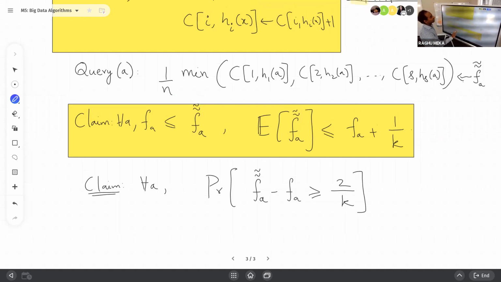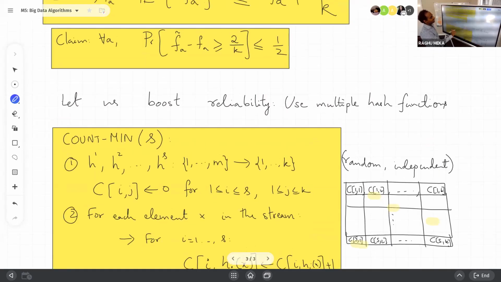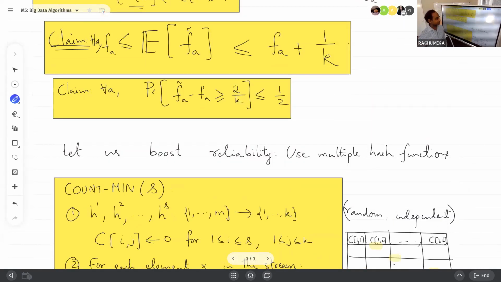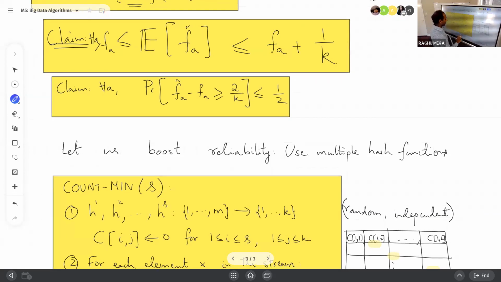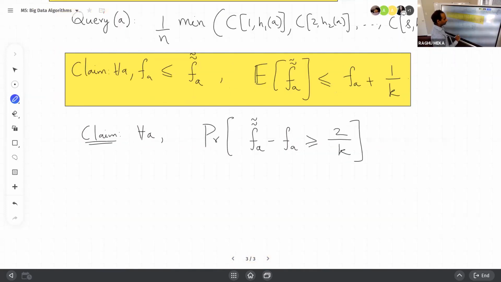So the estimator we saw in the last class was somewhat of a mixed bag in terms of reliability. The probability that you're 2 over k away was 50%. That's the best we could do. But how about now? What do you think this is? Any guesses?